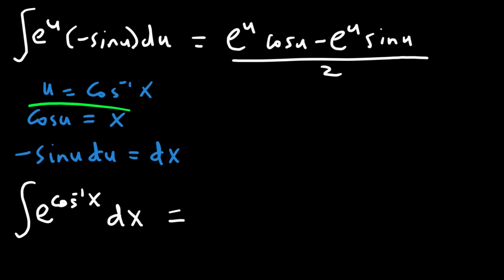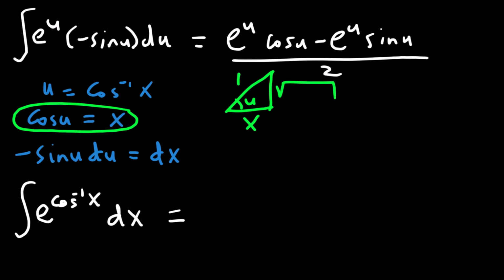From this we have cos u equaling x. If we draw a triangle, our angle is u, and cos u equaling x is the same as cos u equaling x divided by 1, and we know that cos is the same as adjacent over hypotenuse. Therefore adjacent will be x and the hypotenuse will be 1, and therefore the opposite will be square root of 1 minus x to the power of 2.